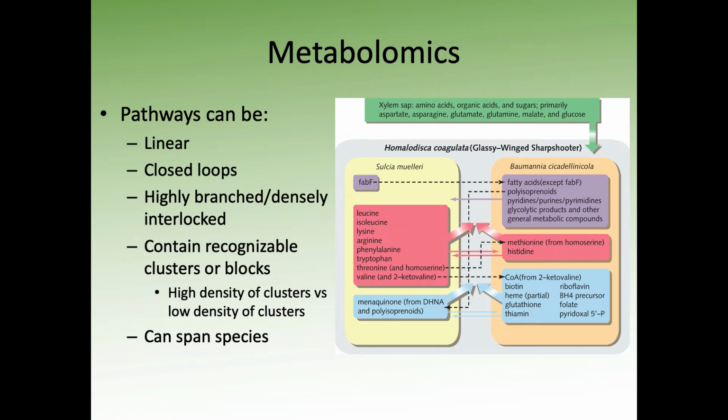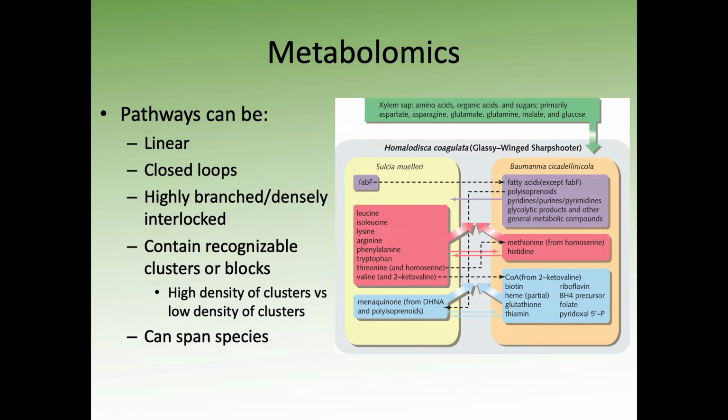Other things about pathways, in terms of all this diversity, is they can also span species. So we don't even have to think about pathways being related to just one species. In this case over here on the right, we can see some co-parasites of the glassy-winged sharpshooter, right?